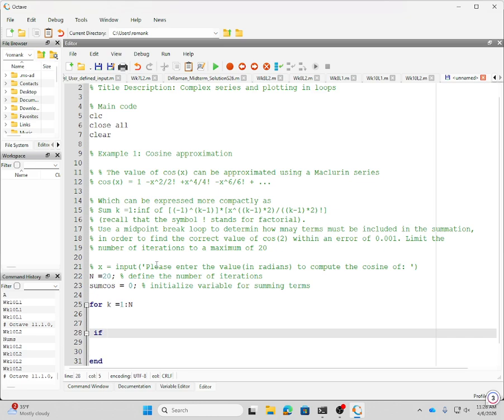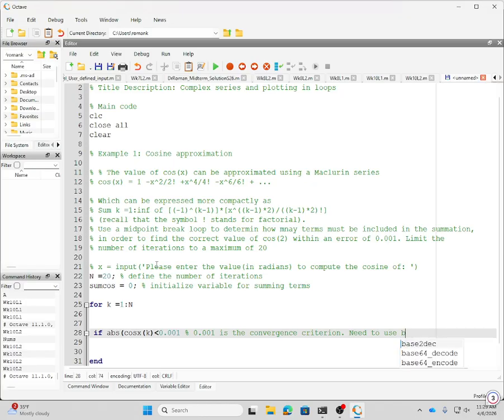So if the absolute value of cos x k is less than 0.001, where this 0.001 is the convergence criteria, I'll talk more about the convergence, okay? You need to use absolute.